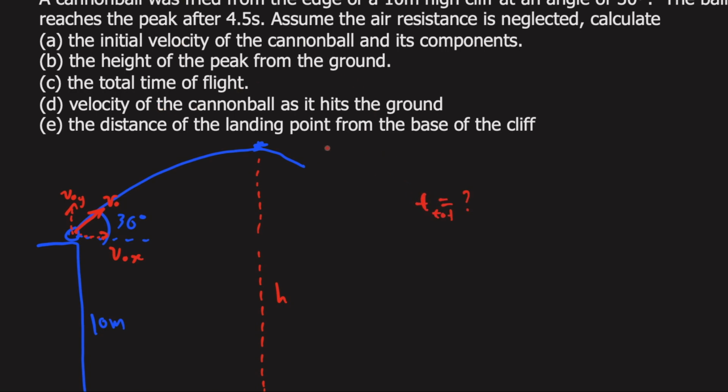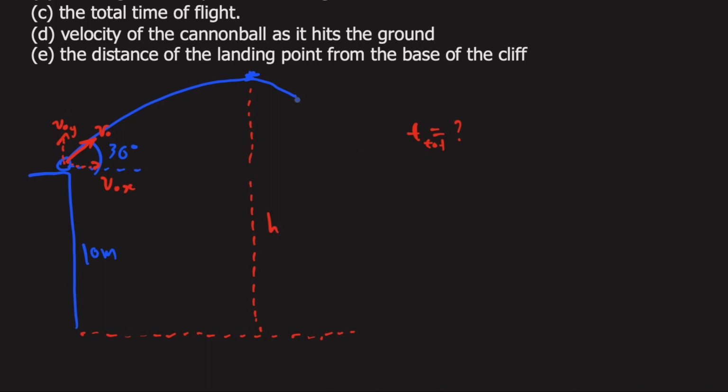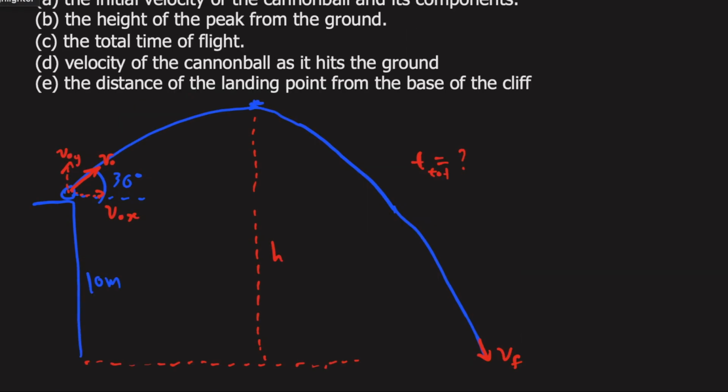and of course the velocity of the cannonball as it hits the ground. So of course this will eventually hit the ground. So again, it's not to scale. This is the velocity of the ball as it hits the ground. So this is vf. Although in this problem there are times that we will consider this as the vf, there's also a time that we will consider this as vo.